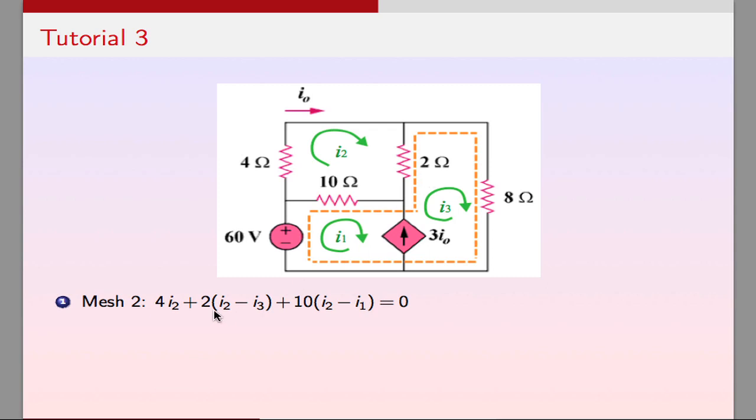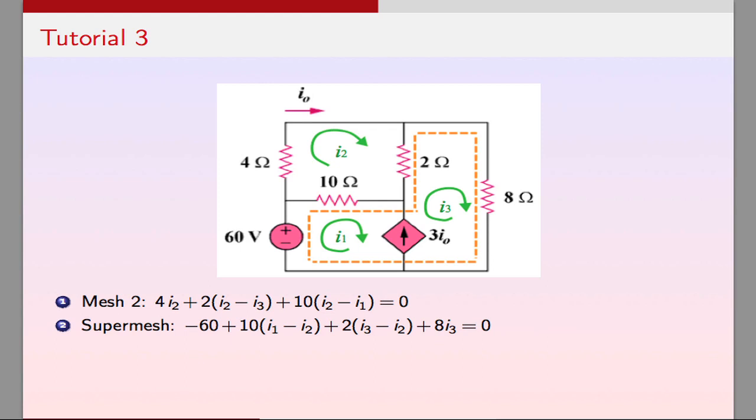So we have 2 (I2 minus I3), and then we have this 10 ohm resistor. Again, we take the difference between I2 and I1, and this equals 0. So here's our mesh 2 equation.